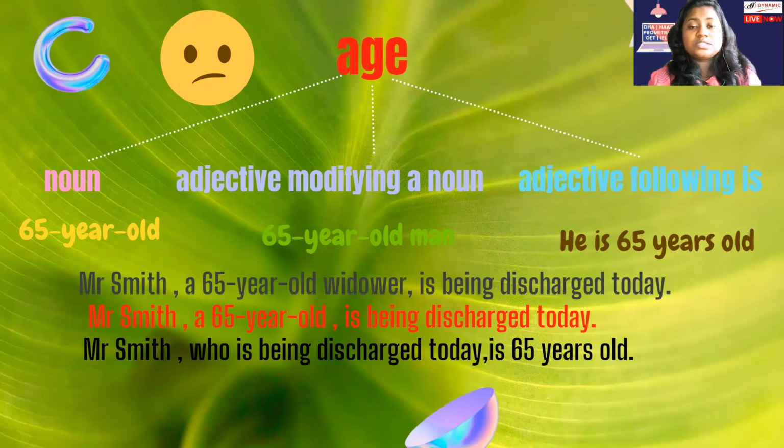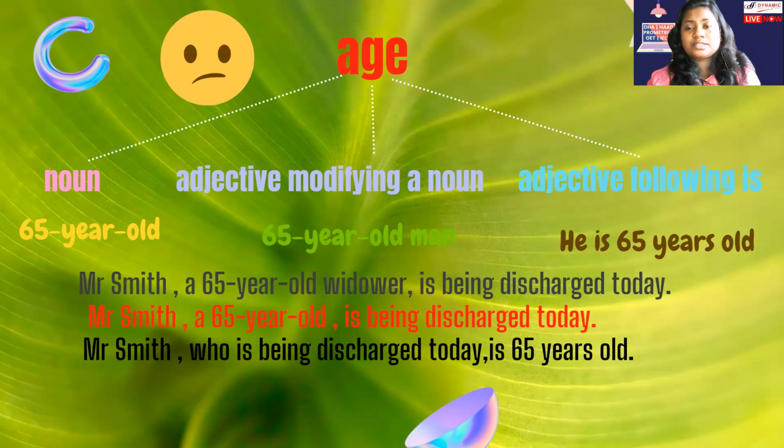Here the noun used is man, as in 65-year-old man. Man, woman, widow, widower, female, male are called nouns. If you are adding a noun also, you can use the age as 65-year-old. There also no S is added.